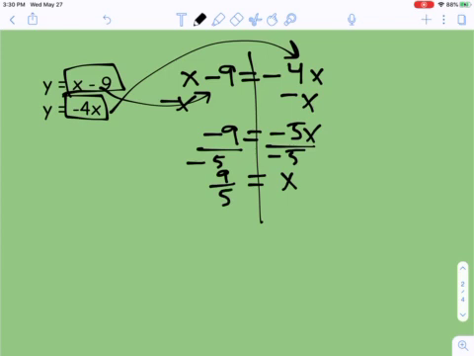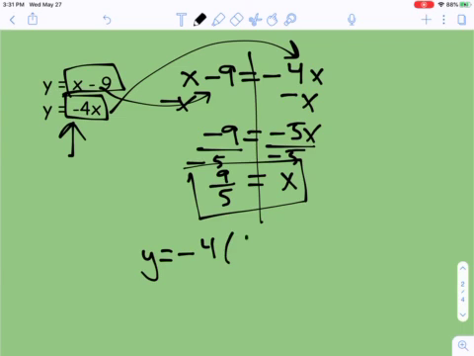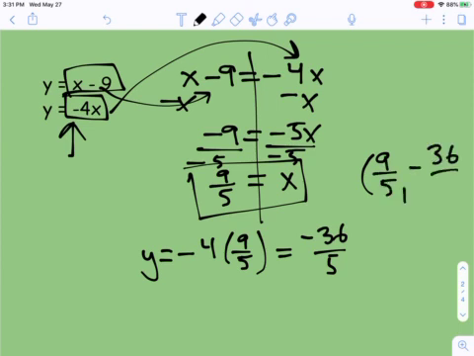And then the last thing I have to do is take this x value and put it in one of those equations to figure out what the y value is. I'll put it in this bottom equation because I think that'll be a little easier. So y is equal to negative 4 times 9/5, and negative 4 times 9 is negative 36/5, and then your solution would be the point 9/5, negative 36/5.